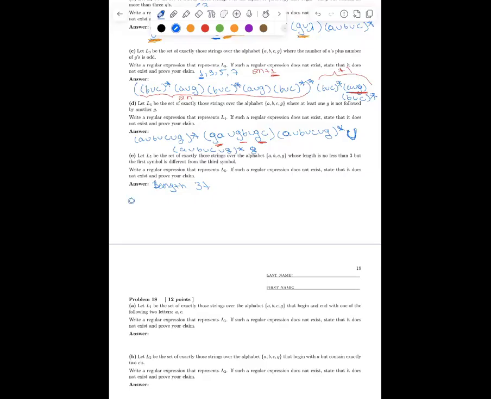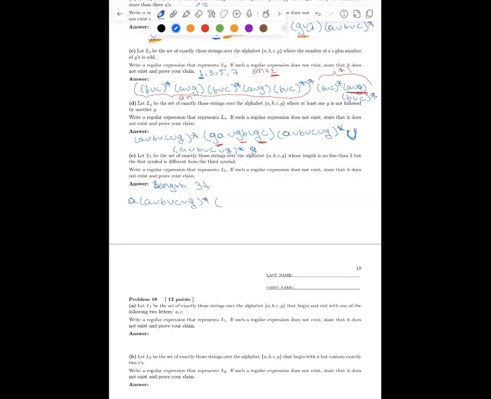So if I start with A, that's length 1. Then I can have whatever I want. That's length 2. But my first symbol is different from the third symbol, as it says in the question.